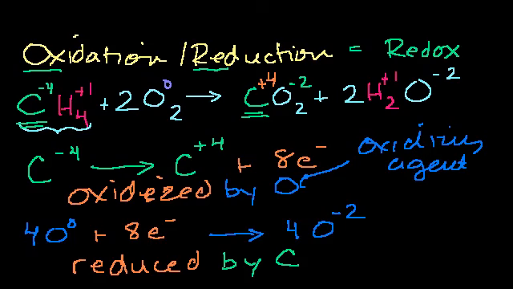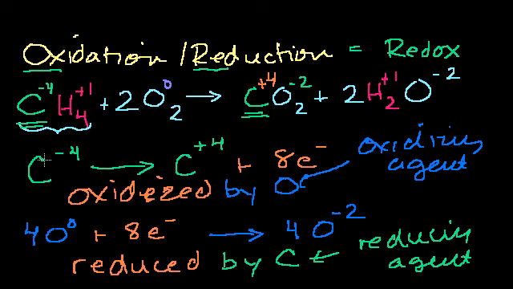What is the reducing agent? What's the thing that did the reducing? The reducing agent is the carbon. So you see, in this redox reaction, carbon was oxidized. It gave away 8 electrons from this state to that state, hypothetically. And oxygen was reduced. Its charge was reduced by a total of 8 electrons, but 2 for each oxygen. And so its oxidation number went down.